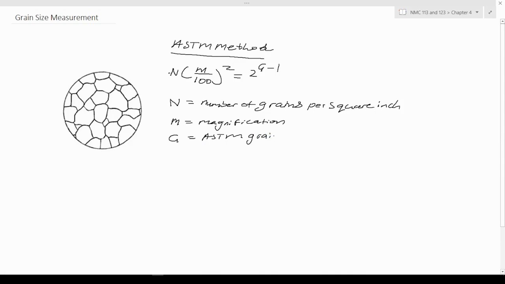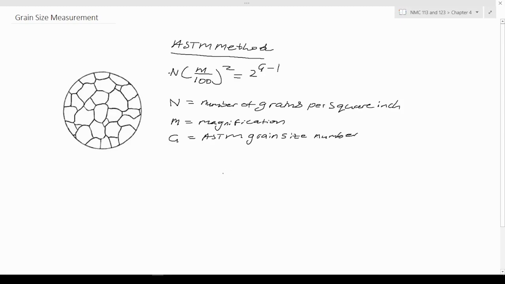Pay attention to this. This is not grain size, right? It's grain size number. It's a unitless number, so don't get confused. Grain size number and grain size are totally two different things.